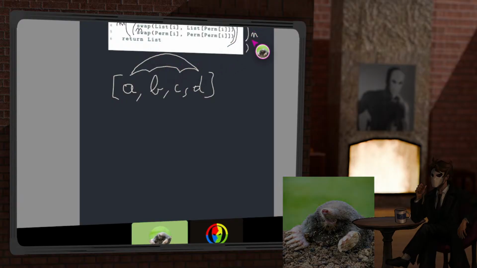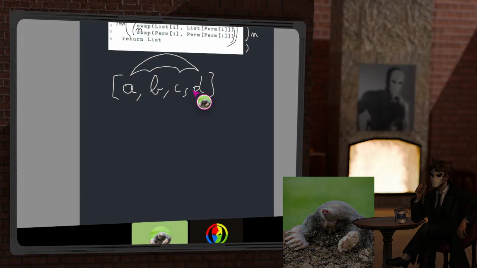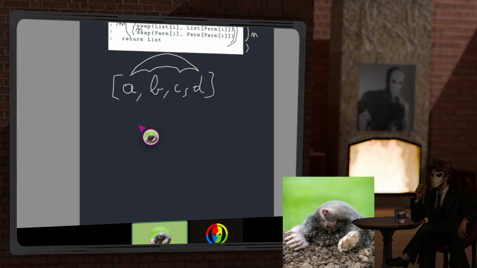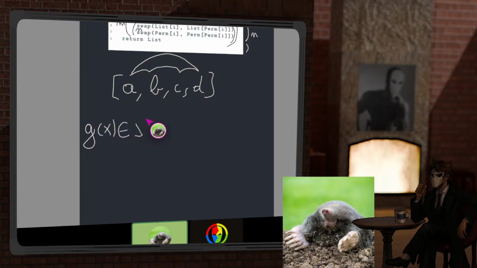So this means since we are doing at least n swaps, and this time not at most n swaps, it means that on this input, the time it will take is in omega of n.